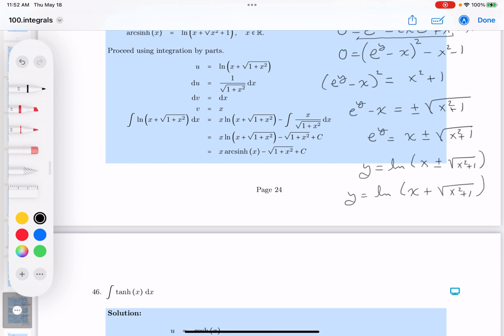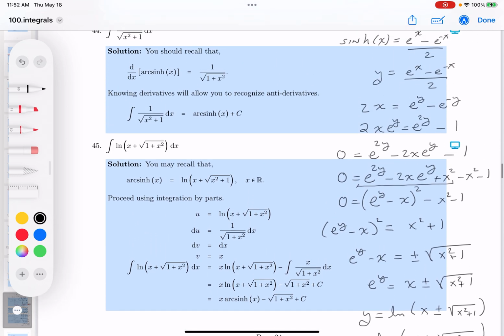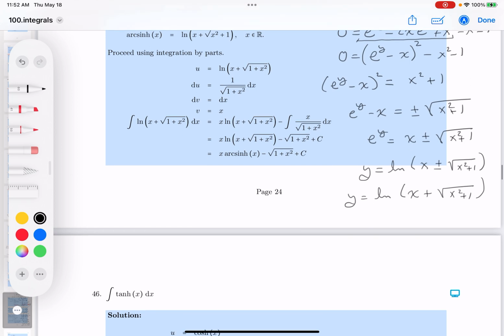The argument of a natural log has to be positive. So I'm okay there. And so what did I just do over there? I found the inverse. Well, we started up there, so now I know the inverse of the hyperbolic sine is equal to this thing over here.